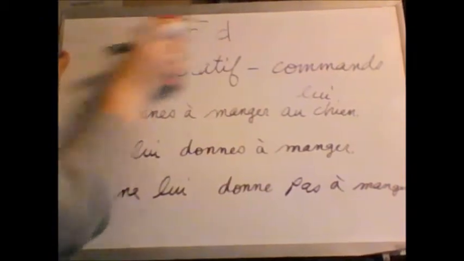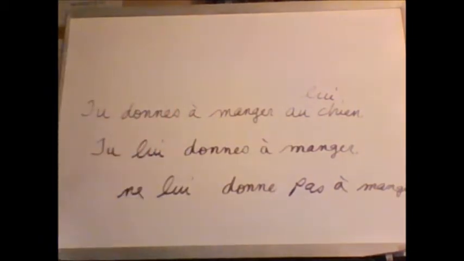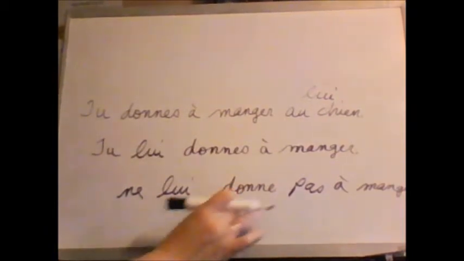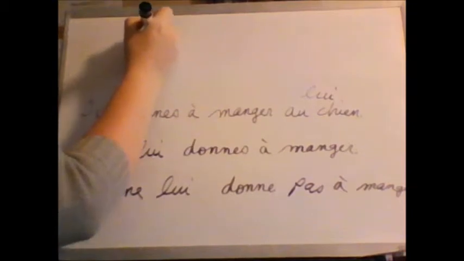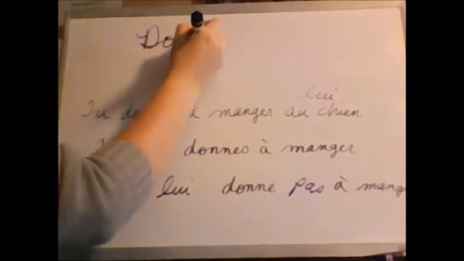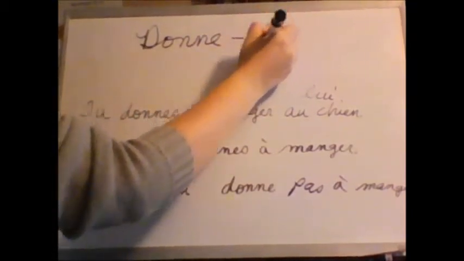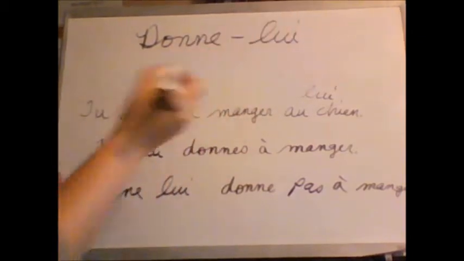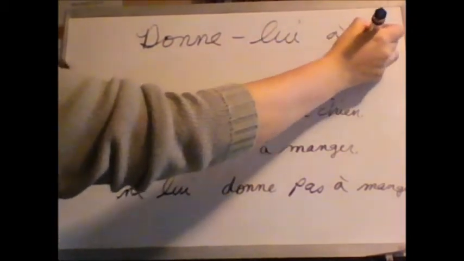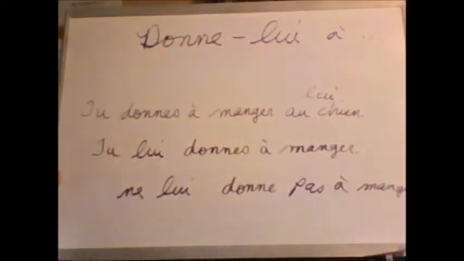Now, you knew there had to be a catch, right? The catch comes when you want to do an affirmative command, when you want to say, give him something to eat. And when that is the case, the word order switches completely. So we need our verb first, donne, and then we need who, the object, donne-lui à manger. Give him something to eat.